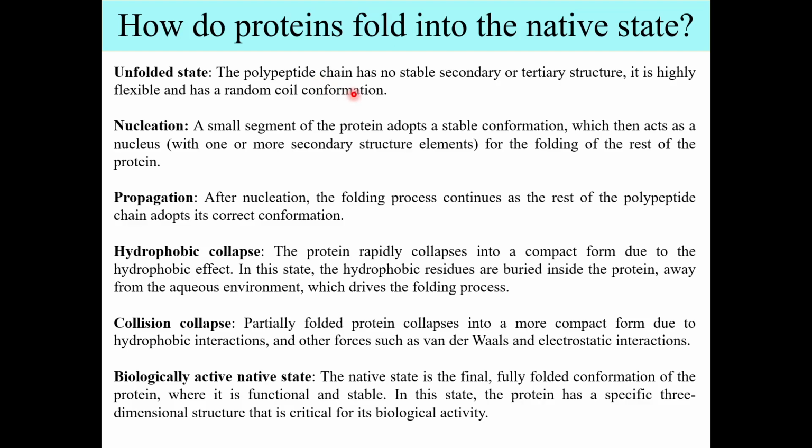Okay. What about nucleation? A small segment of the protein adopts a stable conformation which then acts as a nucleus, with one or more secondary structured elements for the folding of the rest of the protein. As I told you, propagation after nucleation, the folding process continues as the rest of the polypeptide chain adopts its correct conformation.